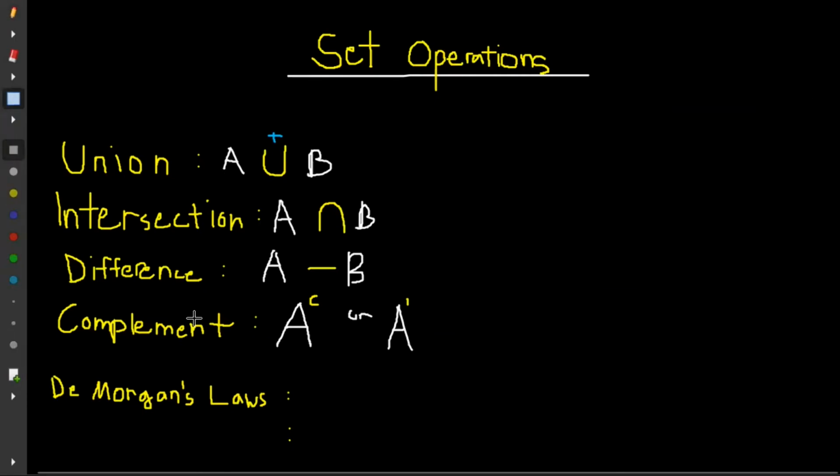So lastly, we discuss De Morgan's laws. De Morgan's law is like a combination of union, intersection, and complement. It's represented by the complement of A union B and the complement of A intersection B. When we think of this, what is the possible outcome?